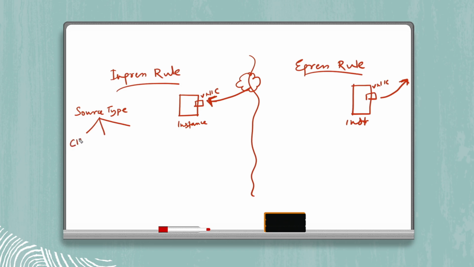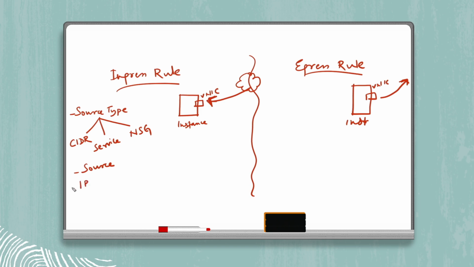We can specify a CIDR block. We can also specify a service, for example, object storage service. And we can also have NSG as one of the source types. Now, depending on the source type, we have to provide the source CIDR or source service or source NSG.